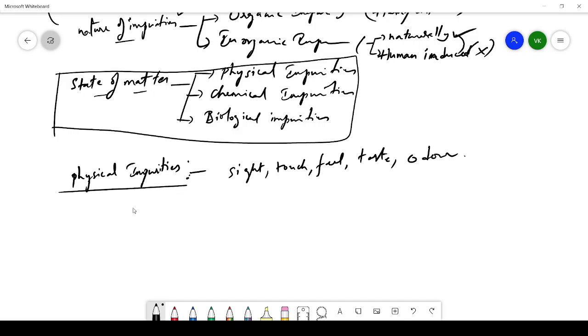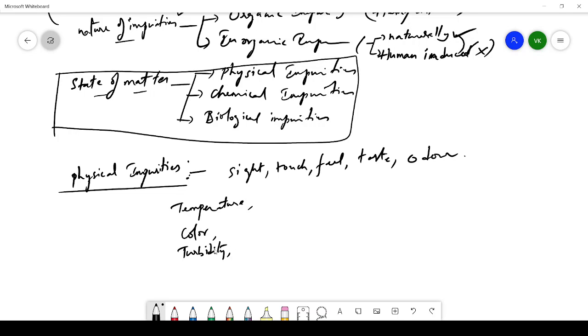What could be the examples? Like temperature, you can feel it, even by touch you can find the temperature. And color, through sight you can identify.